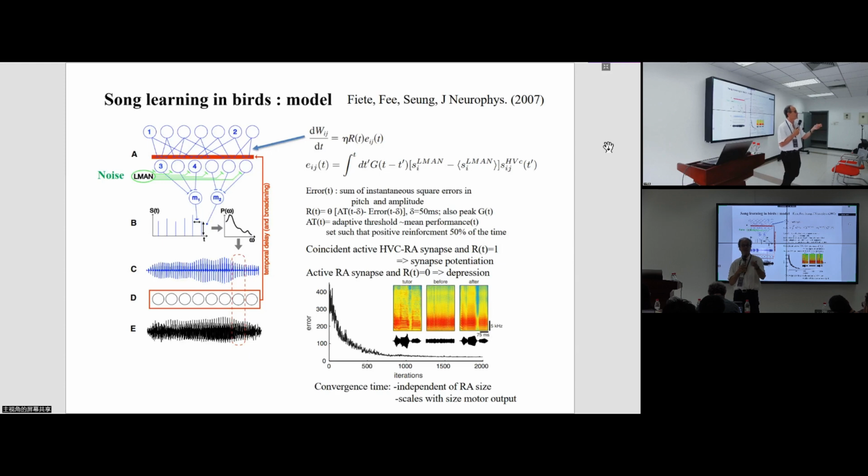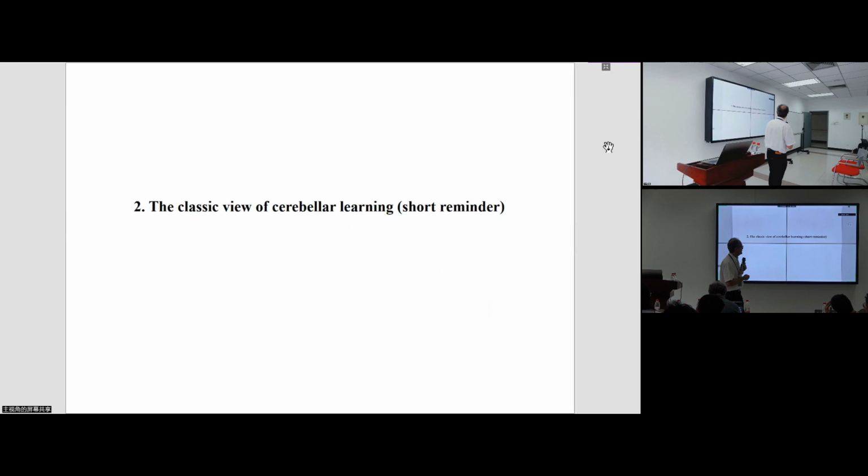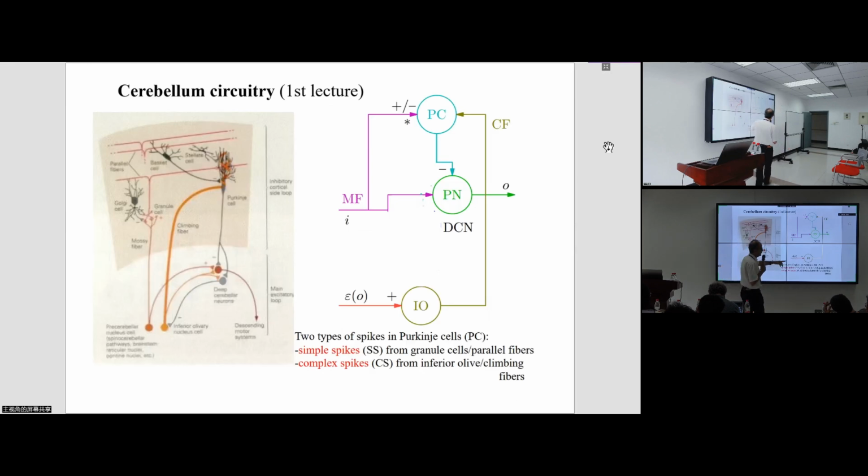And if it's better, then you potentiate the synapse. But you're right that in principle, here it's actually not obvious how this olive cell can know that it should target this Purkinje cell. How the error is specifically targeted to this olive cell is not clear at all.